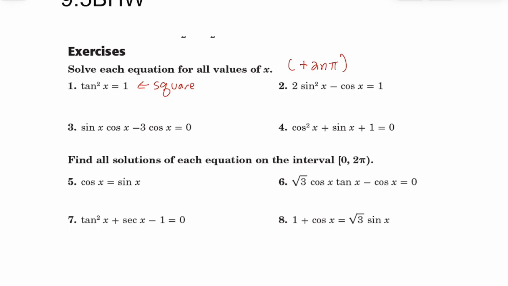All chapter 9.5 homework is due Thursday by midnight. So tomorrow by midnight, these are due. Okay, just so you know that.